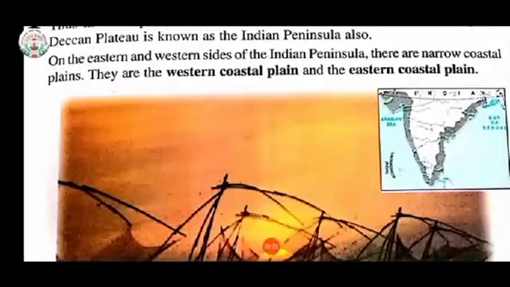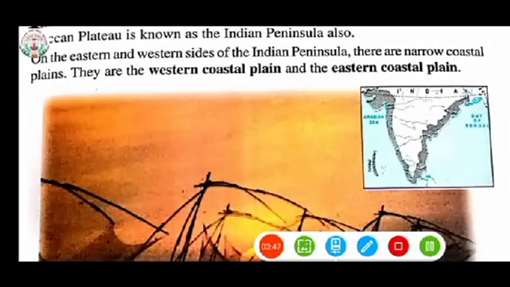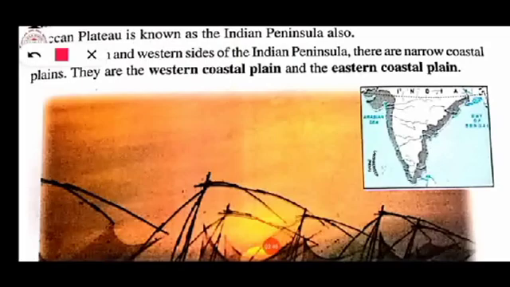Now come to the next paragraph. On the eastern and western sides of the Indian Peninsula, there are narrow coastal plains, the western coastal plain and the eastern coastal plain. So here you can see, on the eastern and the western side of the Indian Peninsula, this is your eastern side and this is your western side, there are narrow coastal plains.